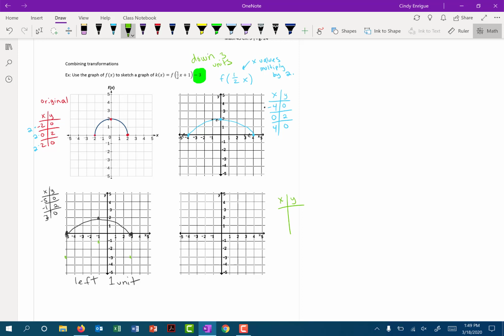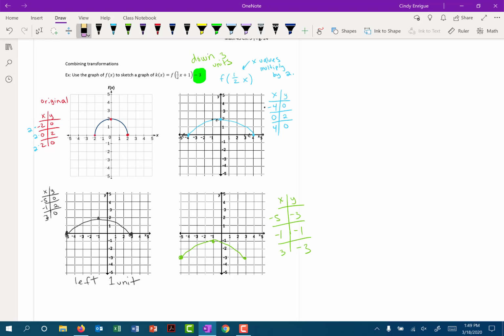So that new point, I still have a -5, -3. I have a -1, -1, and I have a +3, -3. So -5, -3 is here. -1, -1 is there. And 3, -3 is here. So now that is going to be my new graph.